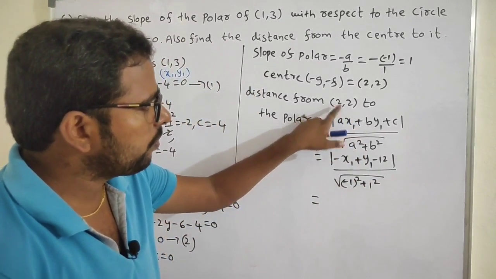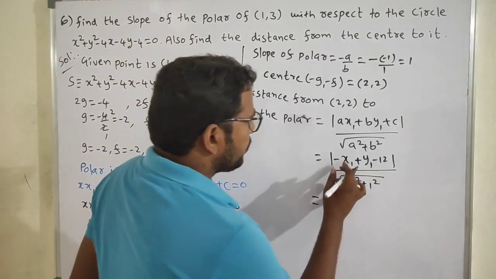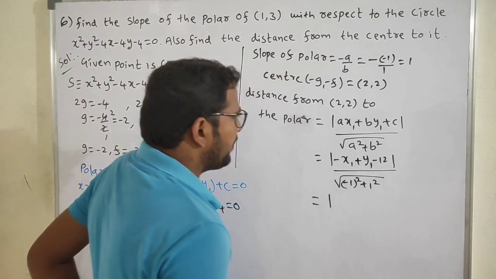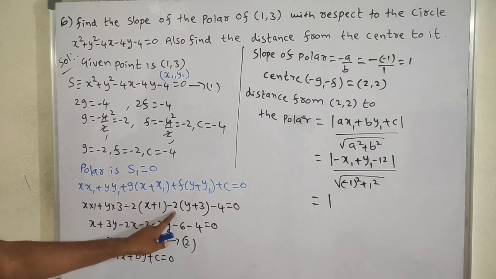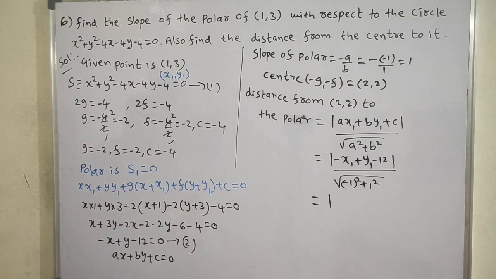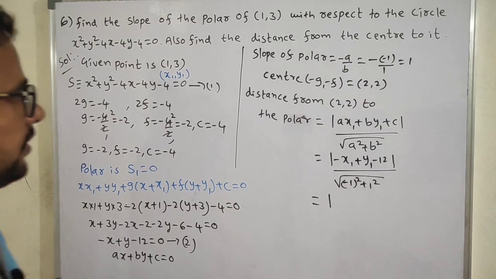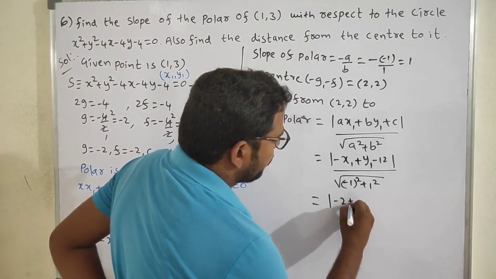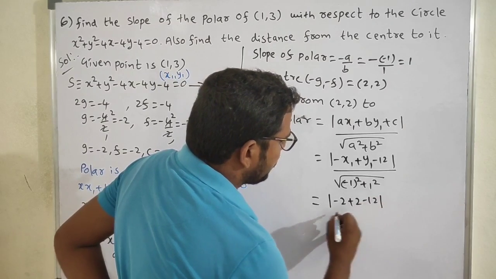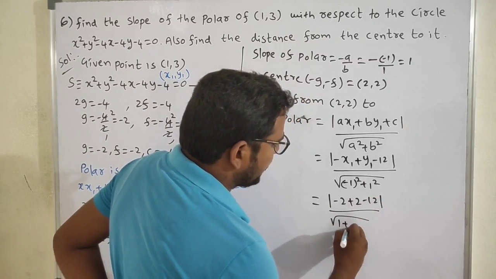Take x1 equals 2, y1 equals 2. So minus 2 plus 2 minus 12 by root over 1 square plus 1 square, root 2.